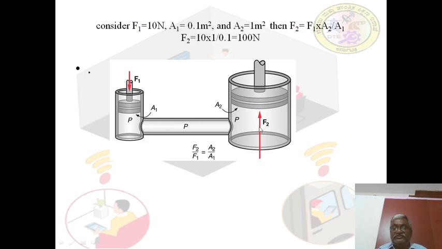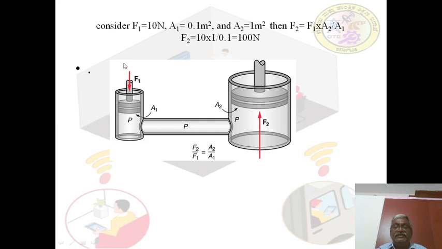Therefore, this force F2 equals pressure into area, P into A2. P is 100, area is 1, so 100 into 1 gives 100 Newtons. So there will be an upward force of 100 Newtons here. So this is a simple example.